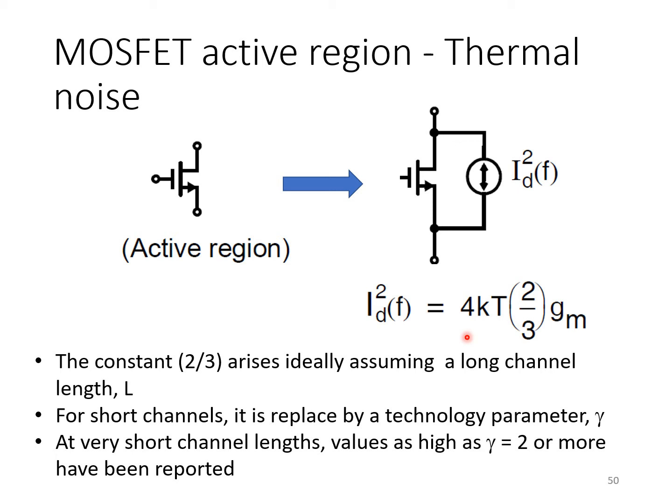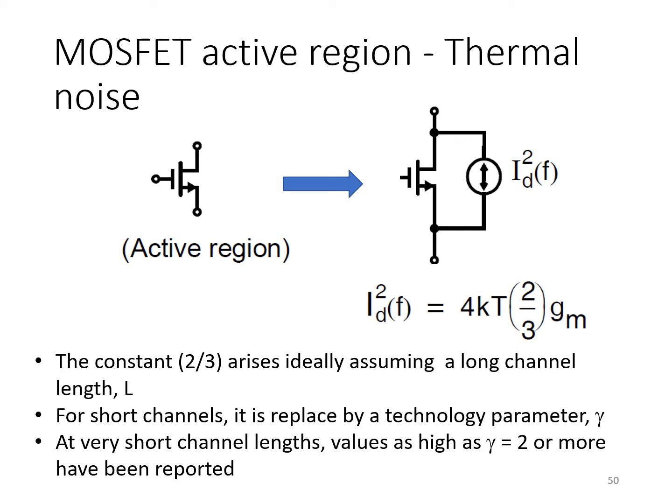We don't know its precise waveform, but again, we know something about its statistics. It's thermal noise, so it's spectrally white, and its power spectral density is given by 4kT times a technology-dependent parameter, which is equal to 2/3 for long channel devices and in older technologies, but in general may be larger, and all that times the small signal transconductance, gm, of the transistor.